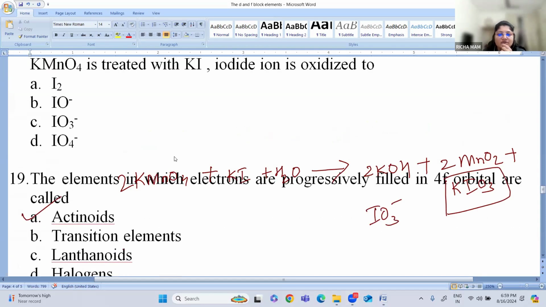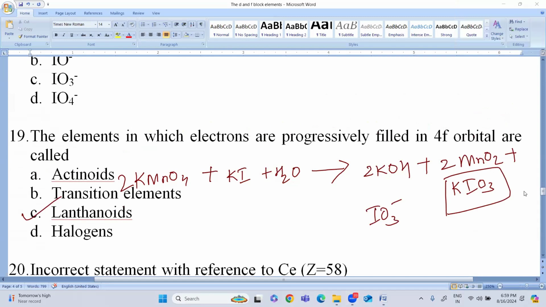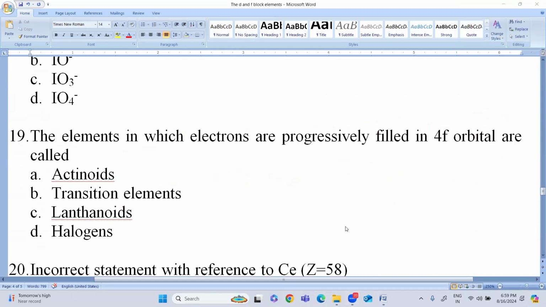Next one. The elements in which electrons are progressively filled in the 4f orbital are called: A, actinoids, B, transition elements, C, lanthanoids, and D, halogens.